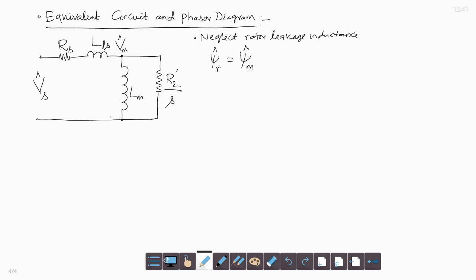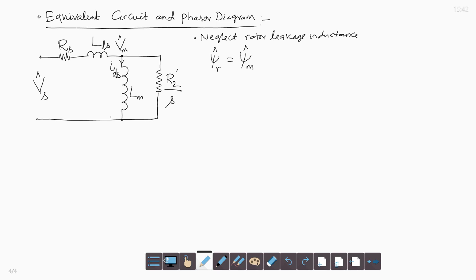And this is the current IDS which produces the flux, flowing in the inductance Lm. So, Lm is the main inductance which produces the air gap flux, making the power transfer possible.